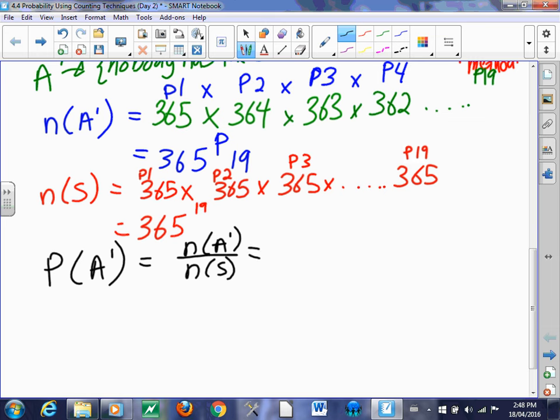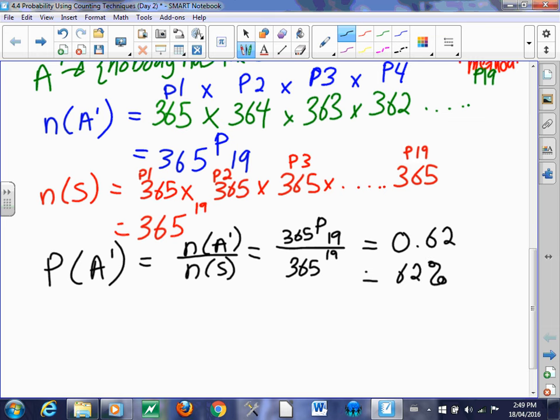The number in A prime is 365 permutate 19, divided by 365 to the exponent of 19. Don't try to write out the numerator and denominator, just plug it in your calculator, otherwise you're going to have big, big numbers. The answer is 0.62, which represents a 62% chance that it won't happen.